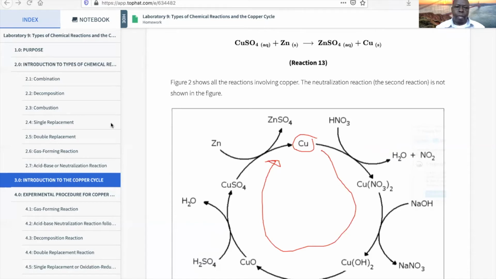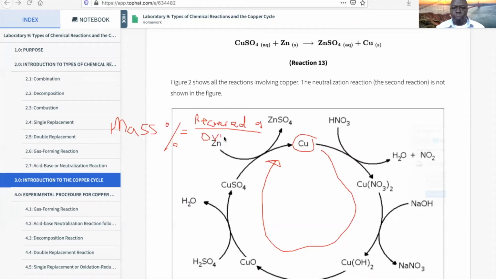To get the mass percent, you will have to use the equation: mass percent is given by the recovered copper in grams, that is the mass at the end, over the original mass of copper in grams, times 100%.